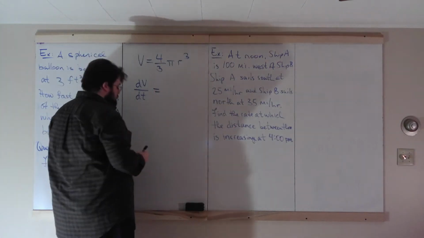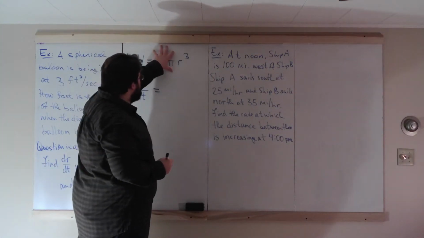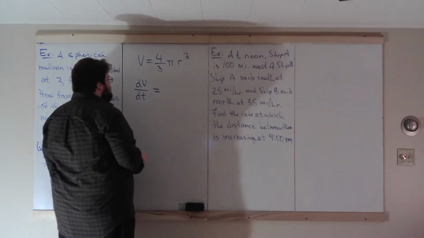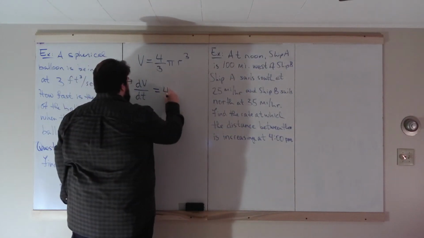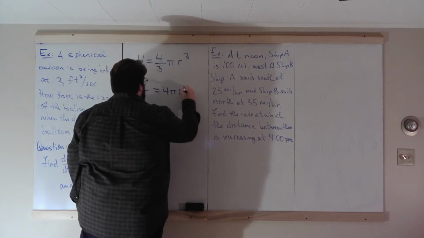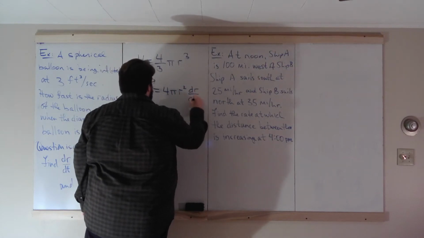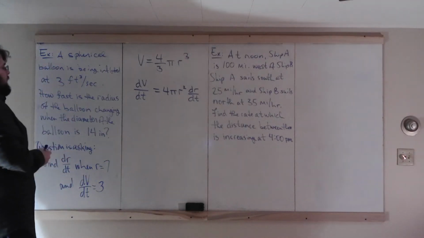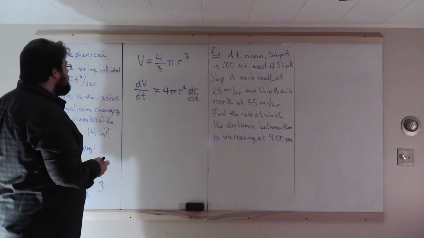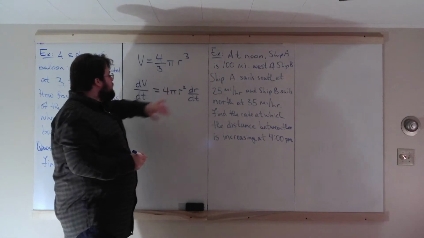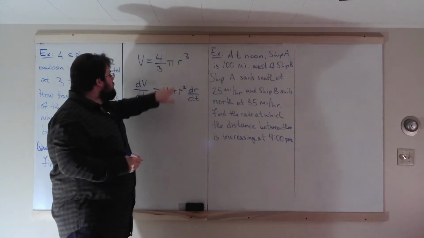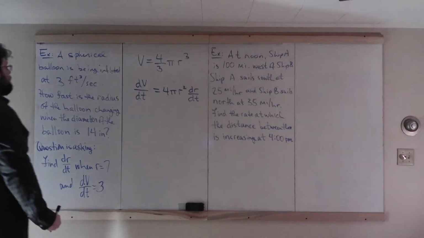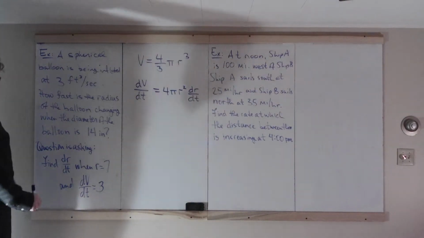Well, the derivative of r cubed is 3r squared dr/dt. 4/3 pi goes along with that. So we get 4/3 pi times 3r squared. The 3 in the bottom and the 3 in the top cancel, and we just get 4 pi r squared dr/dt. Well, now we just have to put our numbers in.